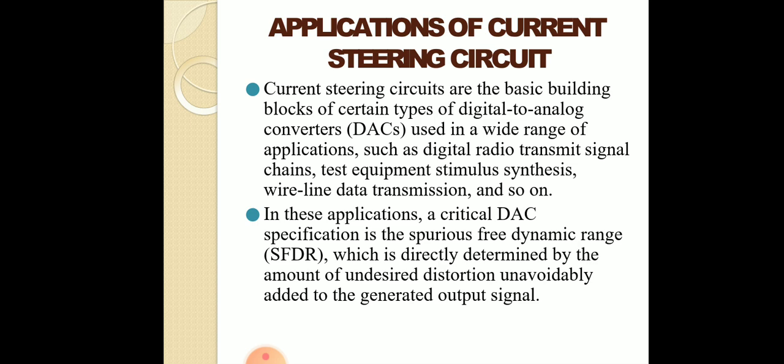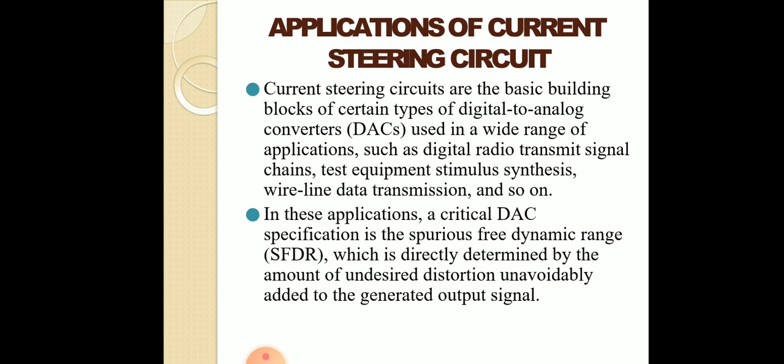So here we see from the slide the application of the current steering circuit. Current steering circuits are the basic building blocks of certain types of digital to analog converters used in a wide range of applications, such as digital radio transmit signal chains, test equipment, stimulus synthesis, wireline data transmission, and so on.